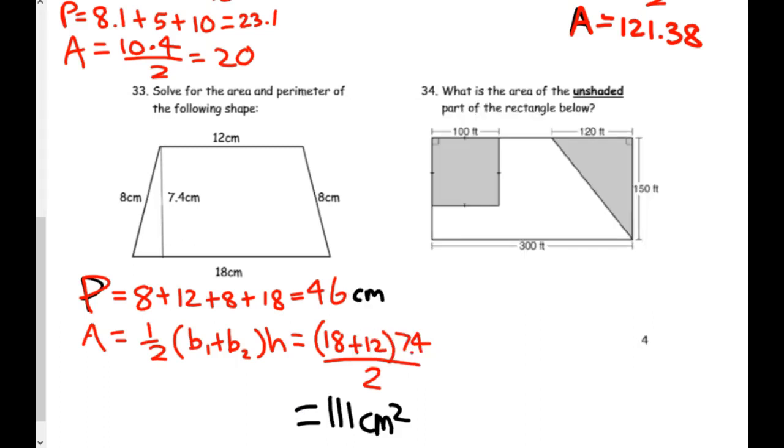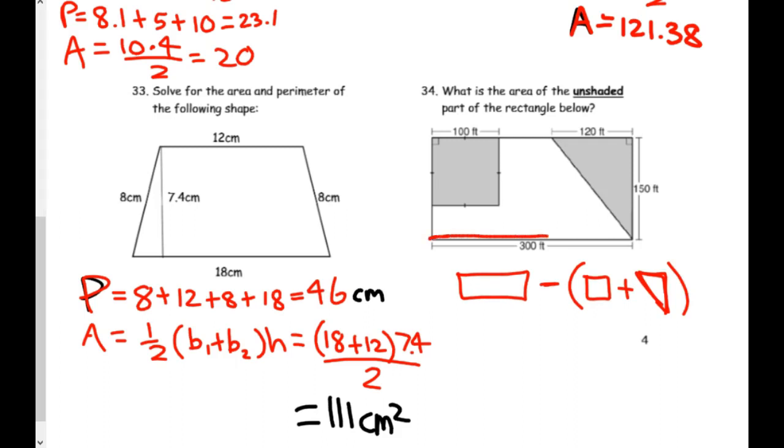What's the area of the unshaded part? So we're going to do the big rectangle, and then we're going to minus the square plus the triangle. How do I find the area of a big rectangle?